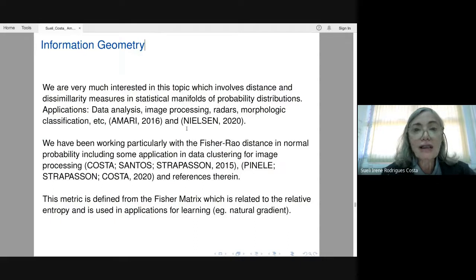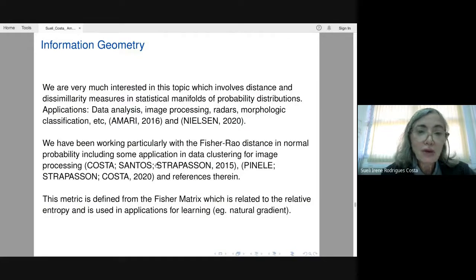These two references are general references, and you can find many of these definitions and recent applications. We have been working in particular with the so-called Fisher-Rao distance in normal probability distributions, including some application in data clustering for image processing.